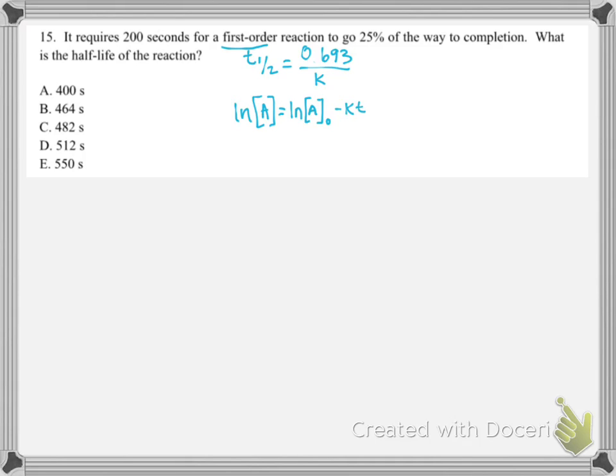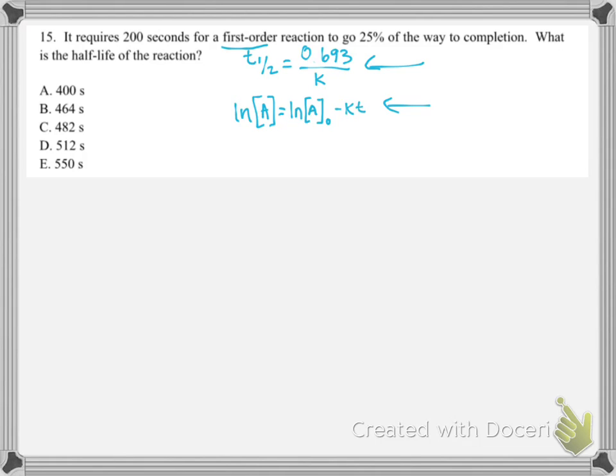Here I've written out the first order half-life equation, as well as the first order integrated rate law. The connection between these two equations is k. If we can find the k using the bottom equation, then we can plug it into the top equation to figure out what our half-life is.